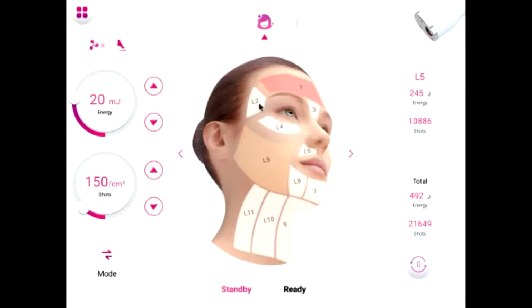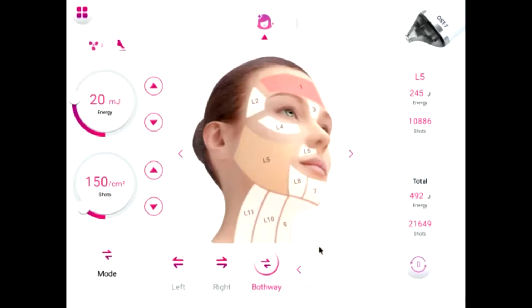First, change to another applicator, the OST 7, the smaller roller tips. We will not change the parameters, still the original ones. And we will use the same parameters for the other parts, still with both way.